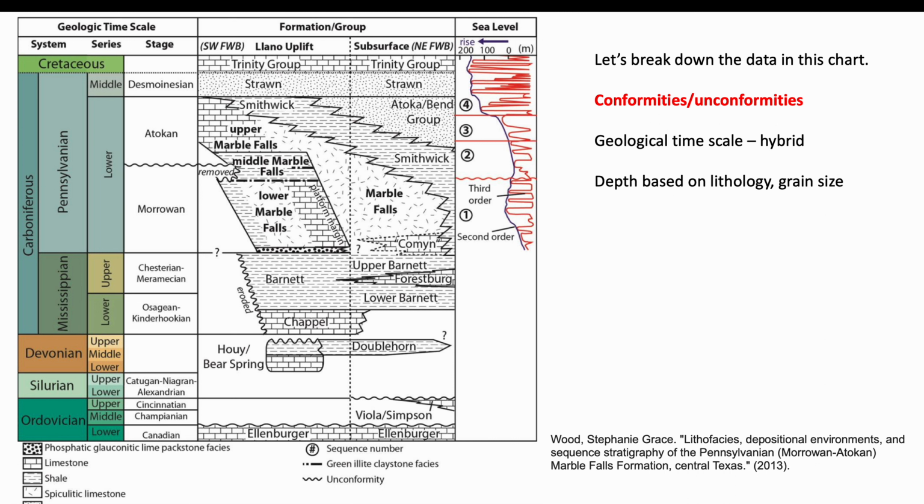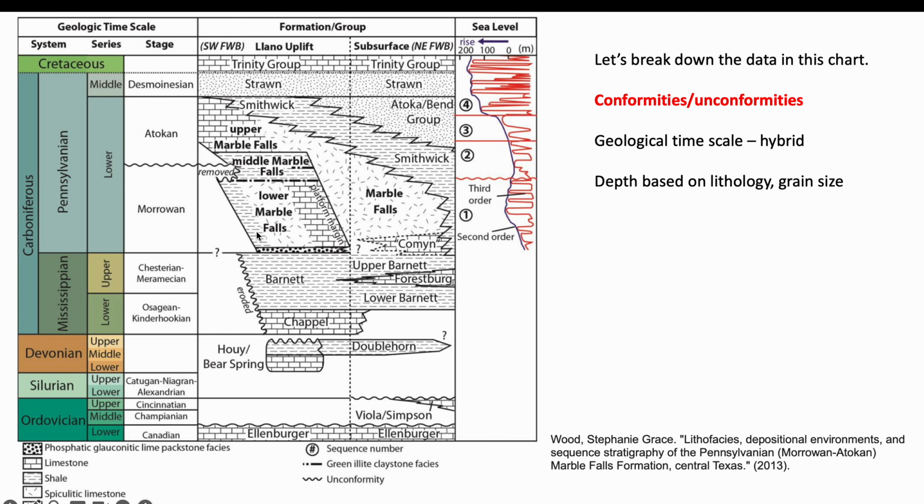And for every formation, there has to be a type section, a place where that rock is exposed in a way that people can see it, or potentially a core sample that you've taken that is used to define that rock. You are an Atokan if you are like the rocks in the correct order that you get around Atoka.